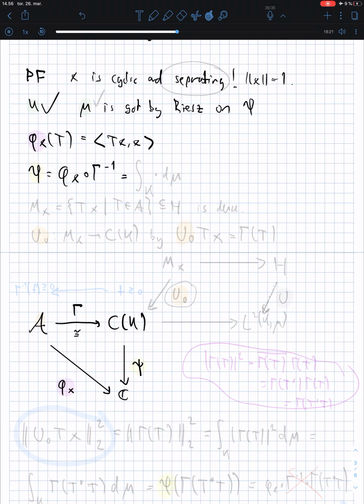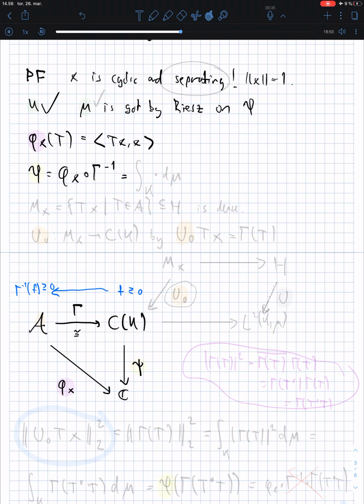Because we know that if we have a positive function on C of k, then maybe I'll write that here. If I have f, which is a positive function, except I'll choose a color for it, blue. So if I have f, which is a positive function, then if I send it over here with gamma inverse, f, that's going to be a positive element in A, right? And if I have a positive element and I apply a state to it, I will get a number which is positive.